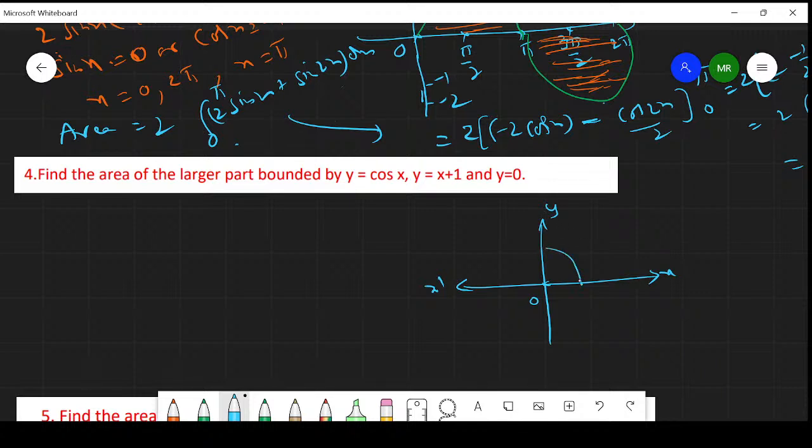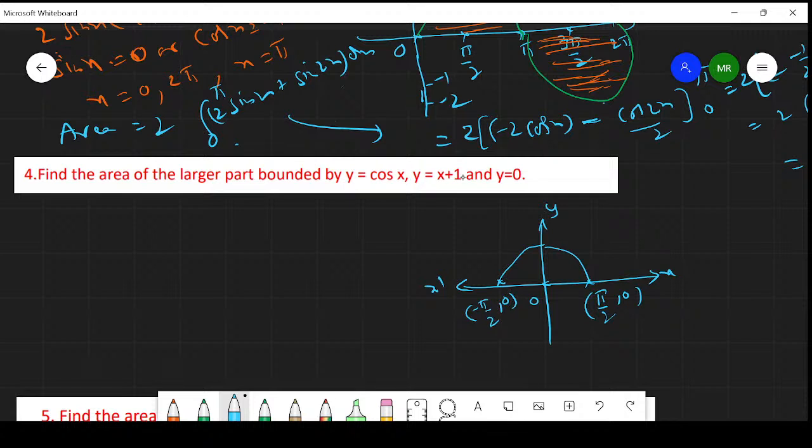The graph will come like this. Why? Because this one will be pi by 2 comma 0, cos 90 is 0. This point is pi by 2 comma 0. This point is minus pi by 2 comma 0. The graph of cos x, correct?